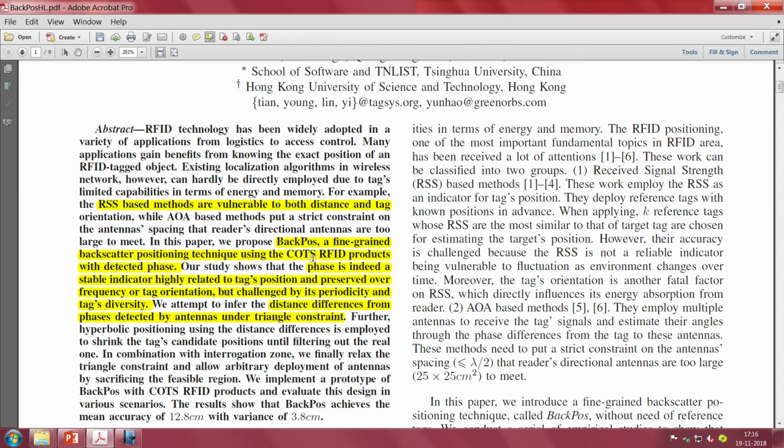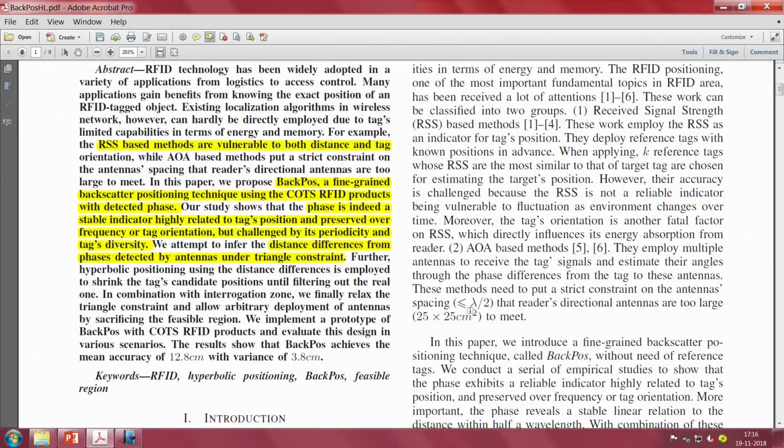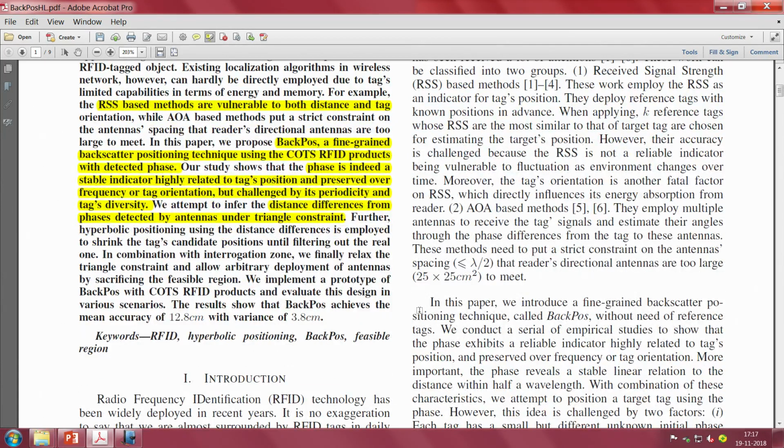So, here again it is focusing back on phase, which is indeed a stable indicator highly related to the tag's position and preserved over frequency or tag orientation, but challenged by its periodicity and tag diversity. So, essentially it is trying to say let us explore phase to the maximum possible extent to see if you can localize these tags, by keeping a few constraints in mind.